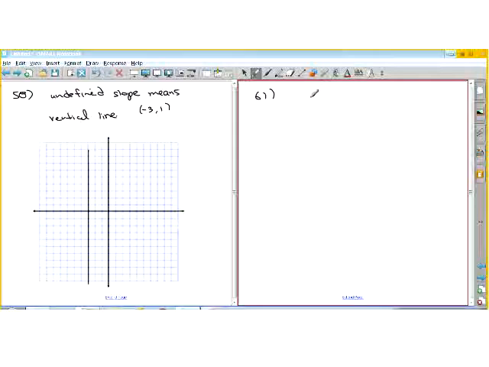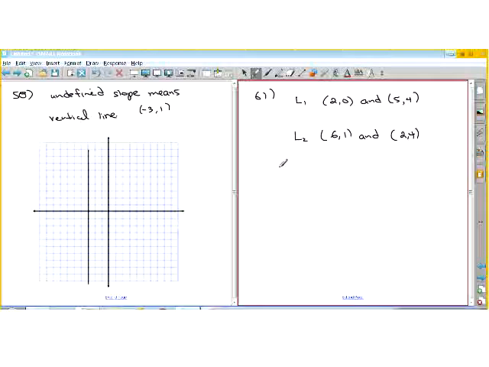So 61 says line 1, L1, goes through points 2, 0, and 5, 4. And line 2 goes between 6, 1 and point 2, 4.